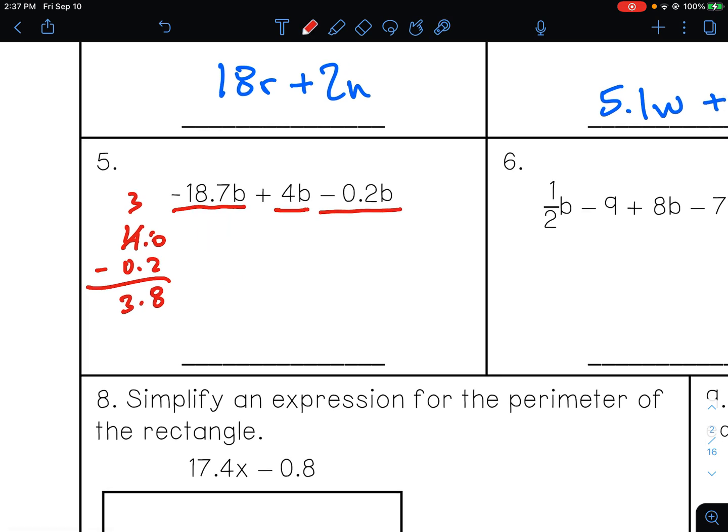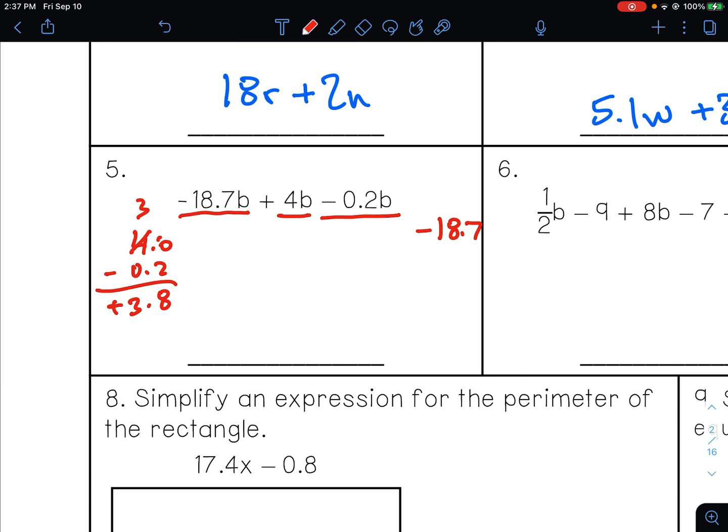Basically, let's do this. Negative 18.7. Because I have opposite signs, a positive 3.8 and a negative 18.7, I need to do subtraction. And I know that we're going to take the sign of the bigger number, so our answer is going to ultimately be negative. So 7 minus 8, I need to borrow.